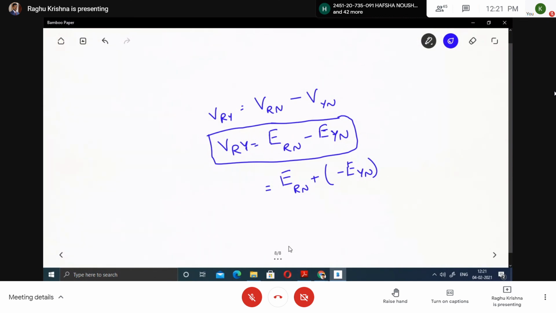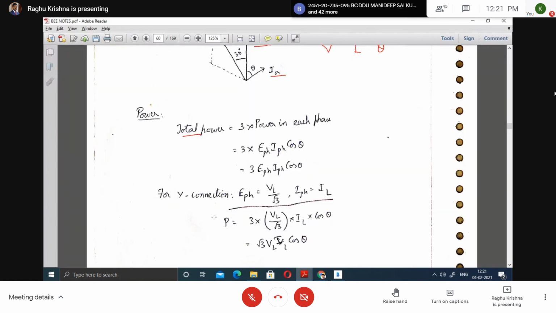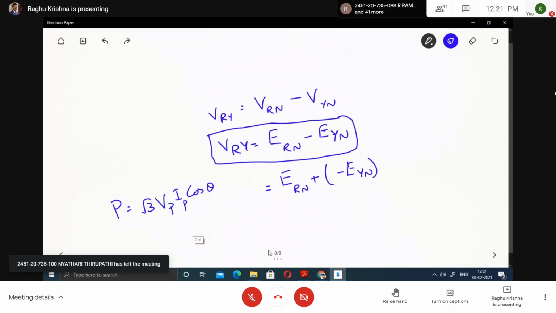Okay, okay. So three phase power is finally root 3 V phase I phase cos theta. So this is the three phase power. In the next class I will continue. So here root 3 VL IL cos theta.